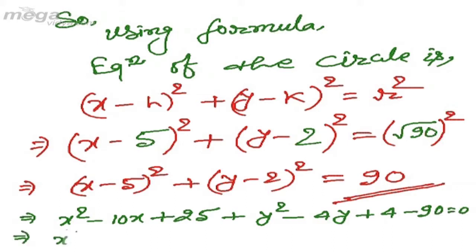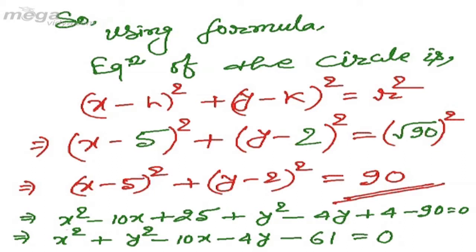And then we can write it as x square plus y square minus 10x minus 4y minus 61 equal to 0. You can write this also as a final answer. This is in the expanded form, which is called the general equation of a circle.